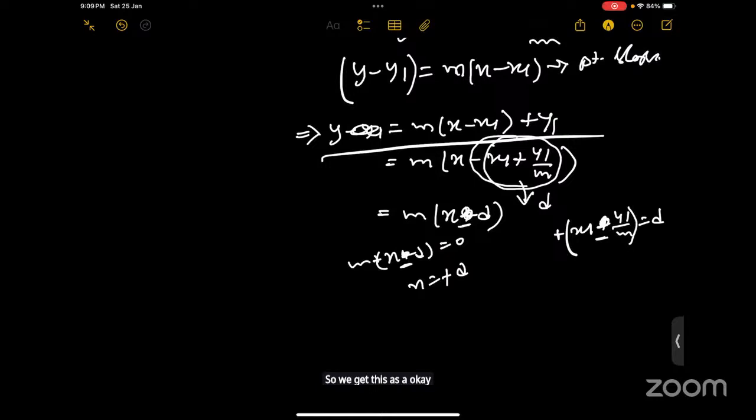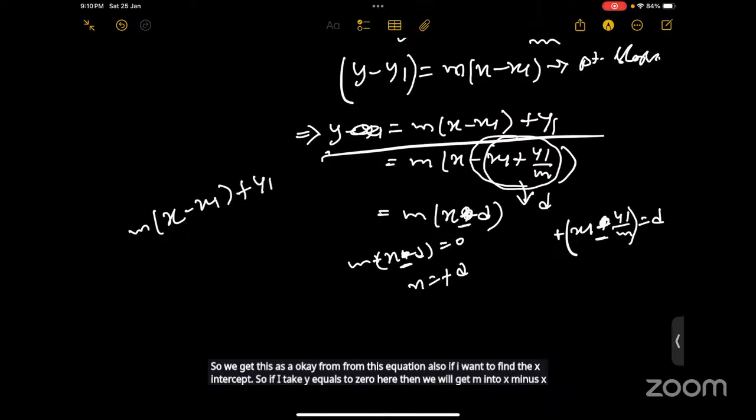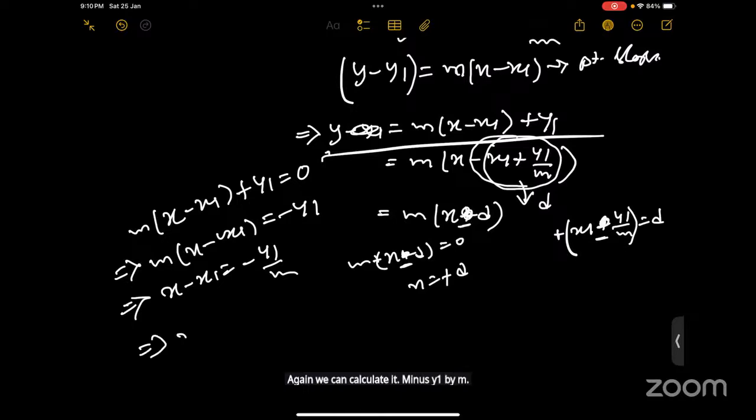From this equation also, if I want to find the x-intercept, I take y equals 0 here. Then we will get m into x minus x1 plus y1 equals 0. That means m into x minus x1 equals minus y1, so x minus x1 equals minus y1 by m, and x will be equal to x1 minus y1 by m, which is nothing but d.